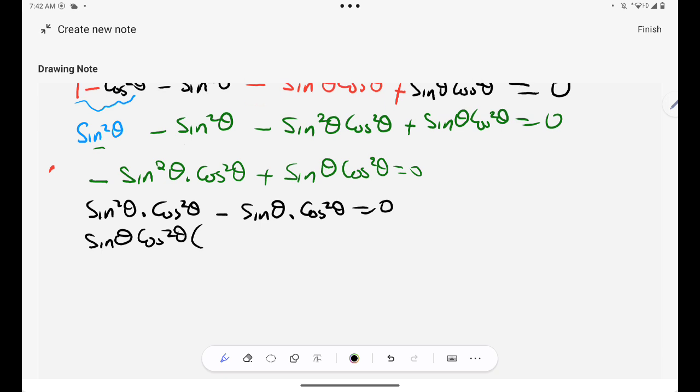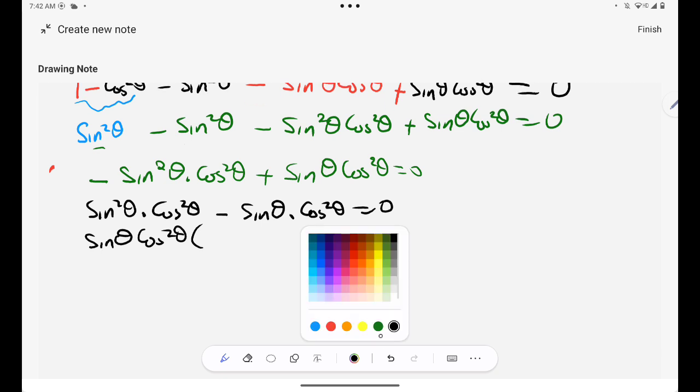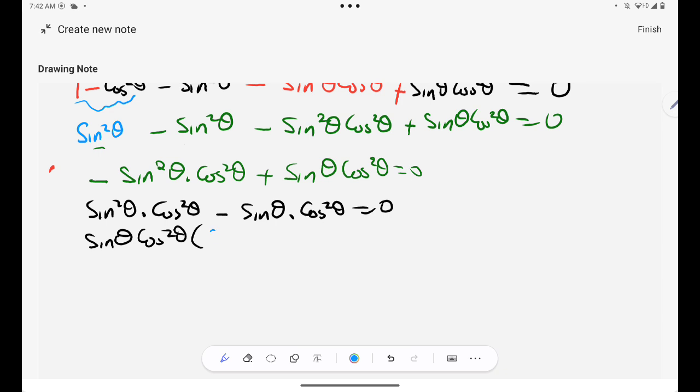Whenever I do that, on the first term I will be left with just sine theta, because whenever it says sine squared theta, it means I have two sine thetas multiplying one another. Whenever I take one of them outside, I'll be left with one. Are you together? And then on the second term, whenever I take out my common factor, I'll be just left with a negative 1. Are you together?